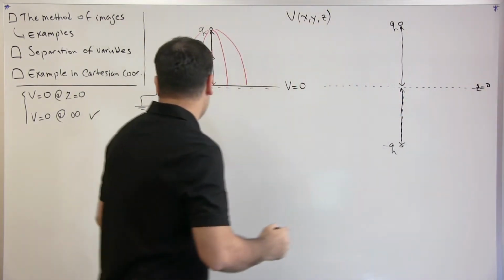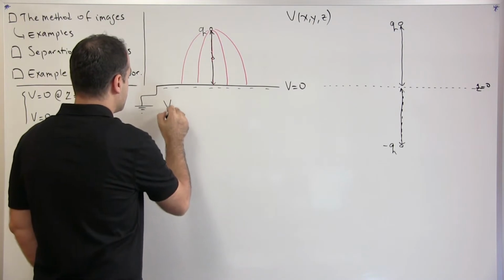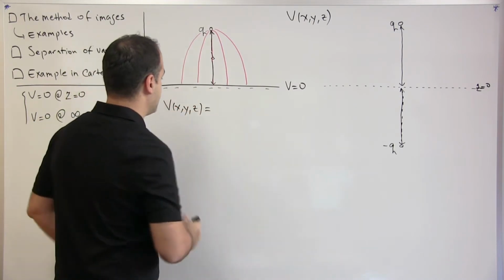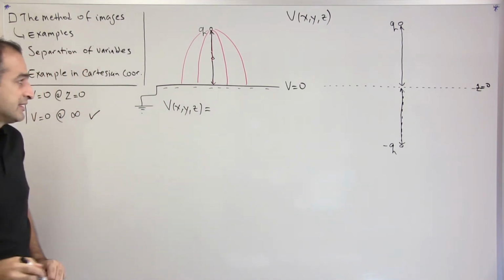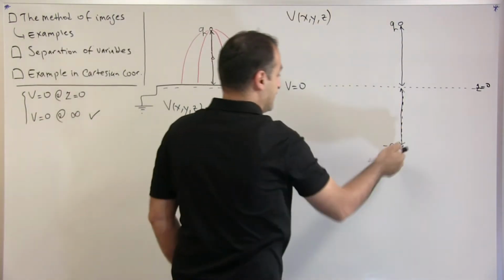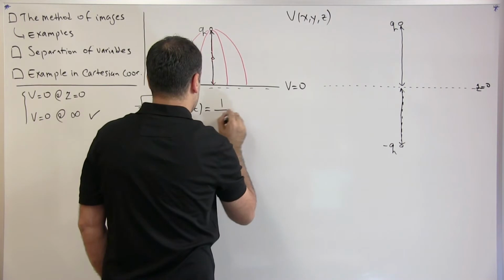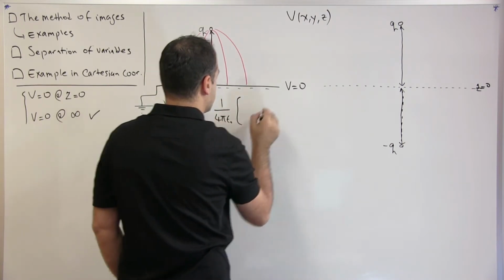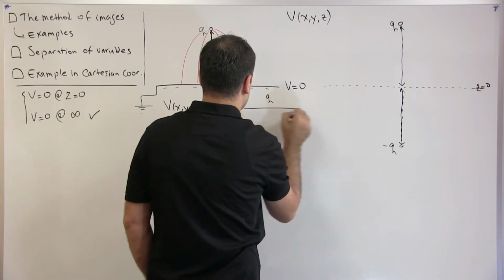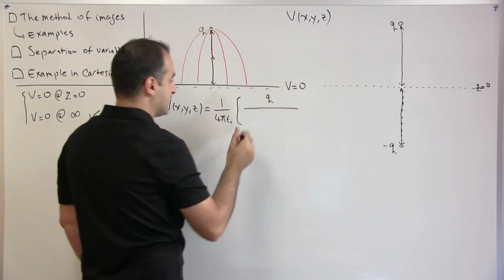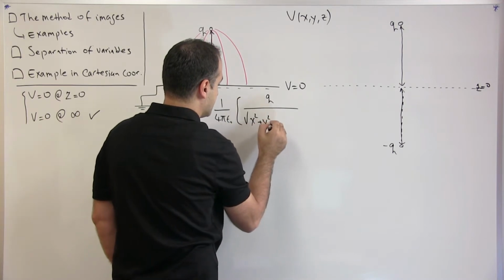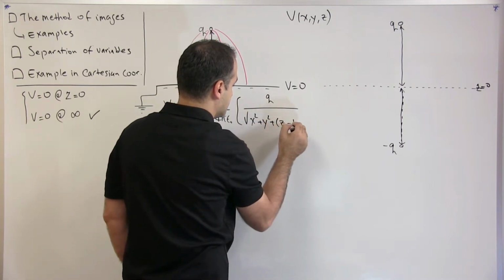We look at that potential. So V(x, y, z), I'm writing as a function of x, y, z coordinates. We have two point charges here, so 1 over 4 pi epsilon 0, and we will have two terms. The first term from Q is going to be Q over the distance, and the distance here is the square root of x squared plus y squared plus (z minus d) squared.